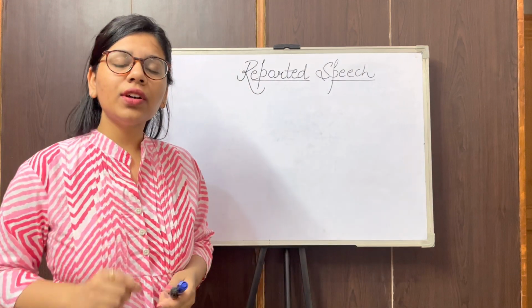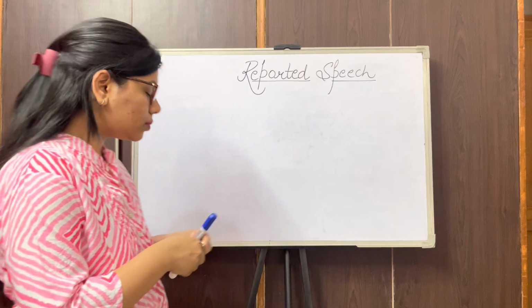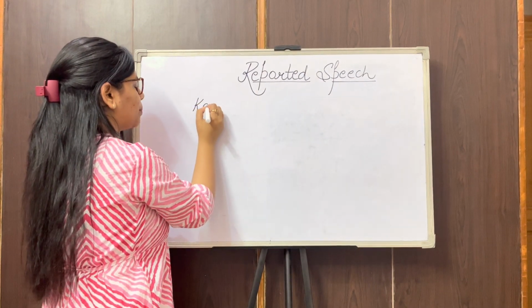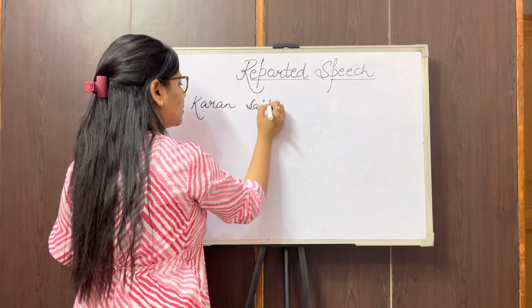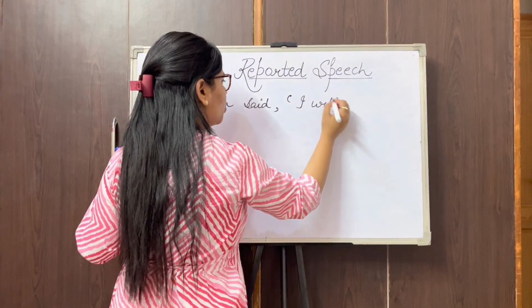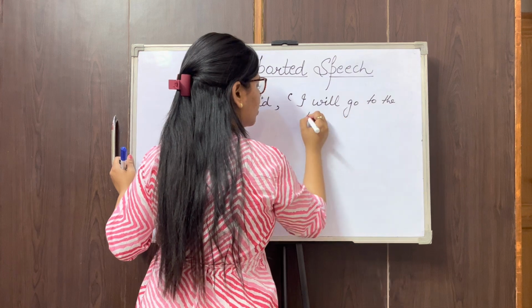Now, let's first discuss the different components in a sentence. So you will get sentences like this. For example, Karan said, I will go to the market.